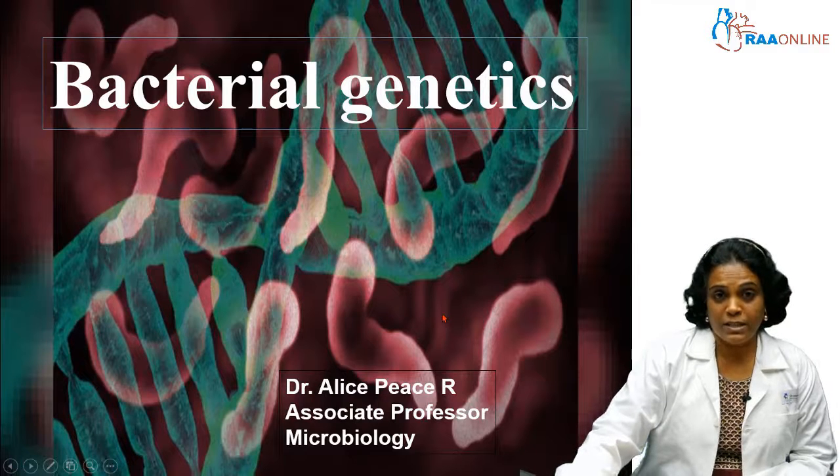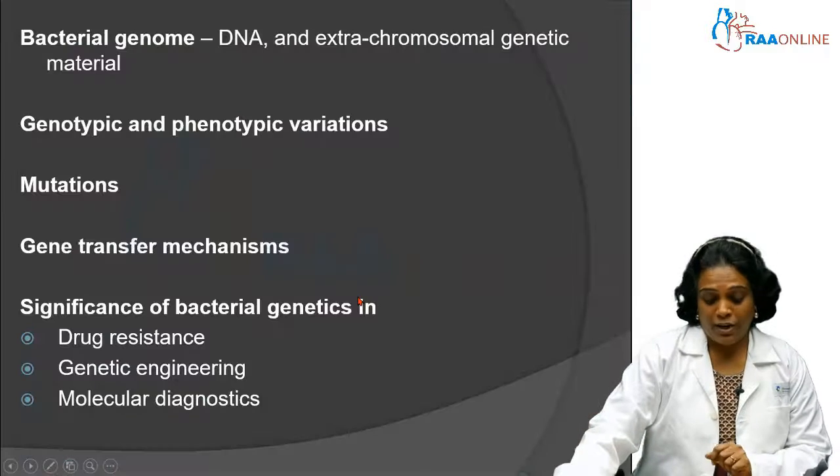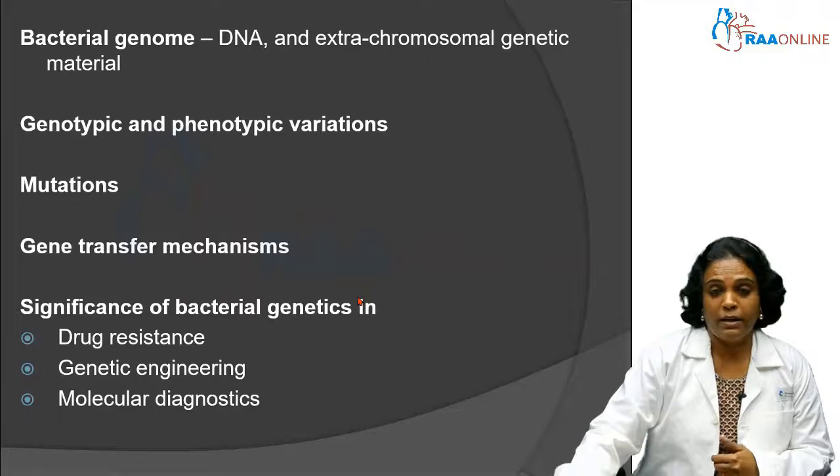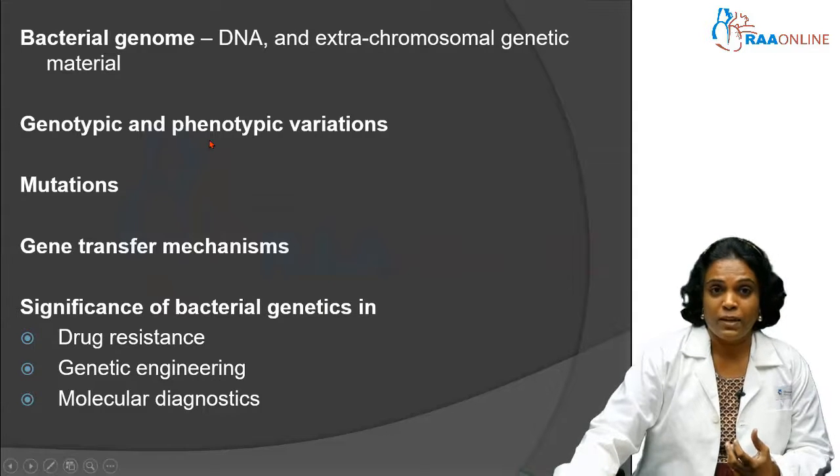So today I'm going to discuss bacterial genetics via this Raaonline. Bacterial genetics talks about the genetic variations and the heredity that is seen in bacteria. When you take a bacterial genome, it has chromosomal DNA as well as extrachromosomal genetic material, that is the plasmid.